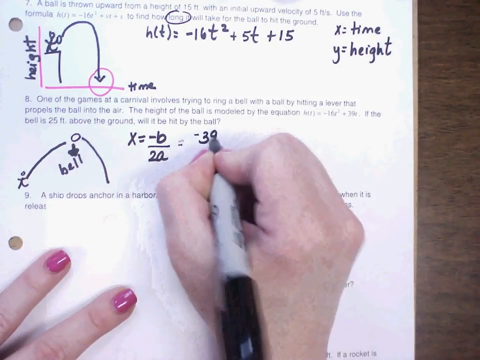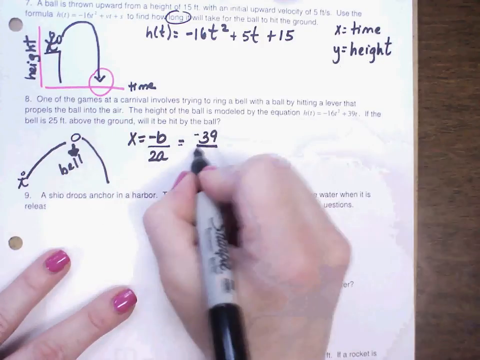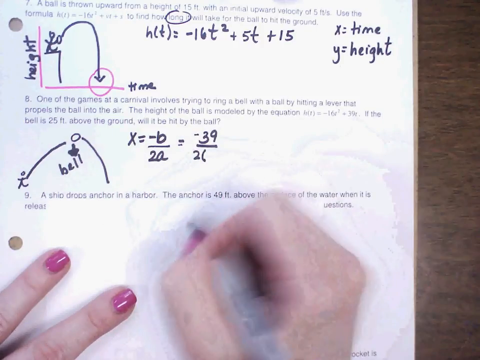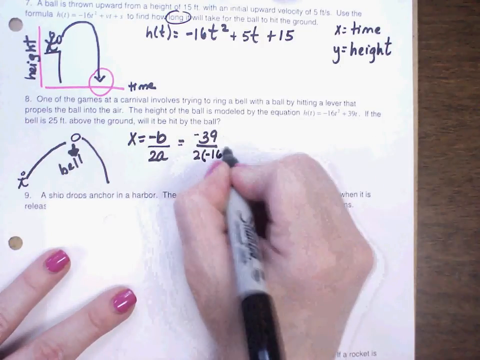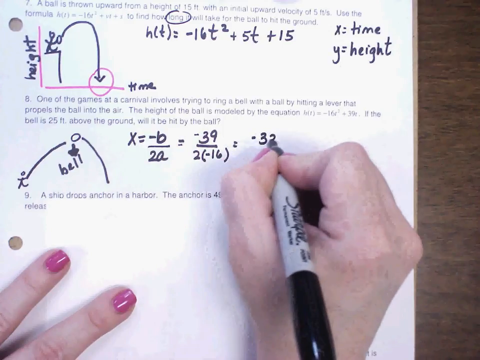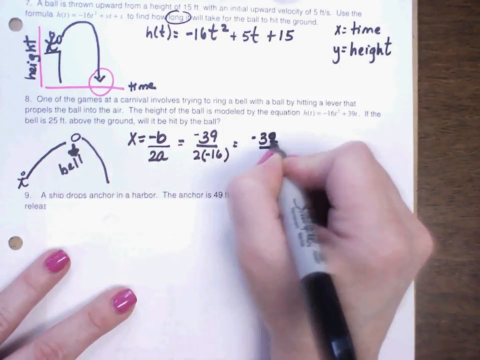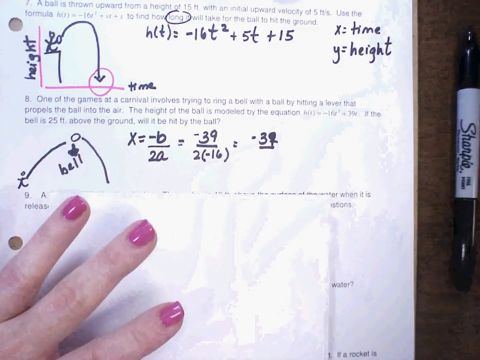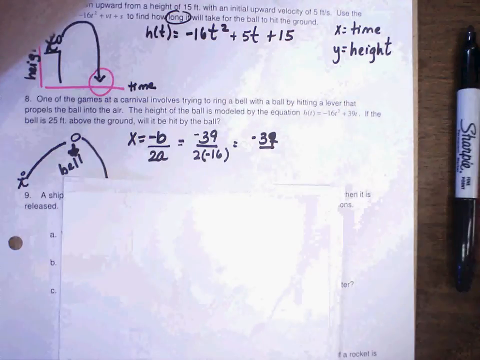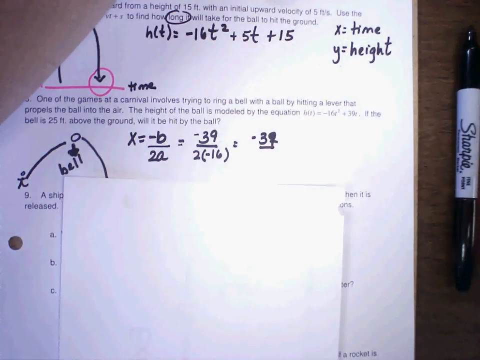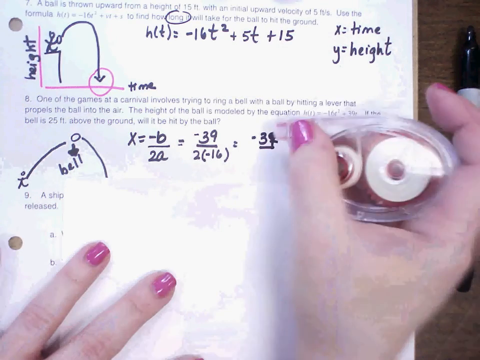Alright, what's my b? Very good. But it has a negative in front of it, so I'm going to go ahead and write it down. And 2 times a, what's a? Negative 16. Alright, so this would be negative 39 divided by negative 32.